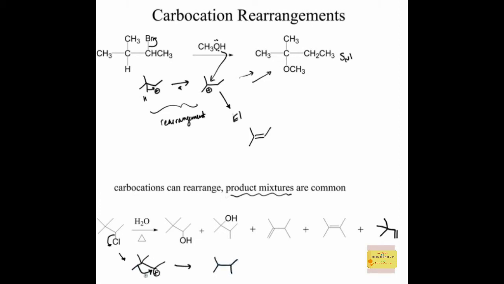Now, if this carbon group moved over here, that carbon has lost its carbocation. It's got 4 bonds again, but this carbon is where the carbocation is now. And so hopefully you can see how that can lead to this substitution product, and it could lead to these 2 elimination products. And this original carbocation can lead to this substitution product and this elimination product down here.